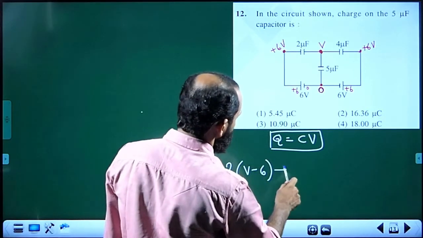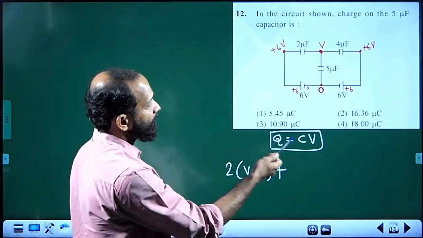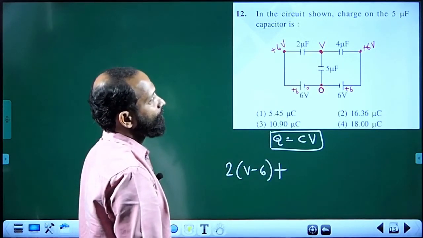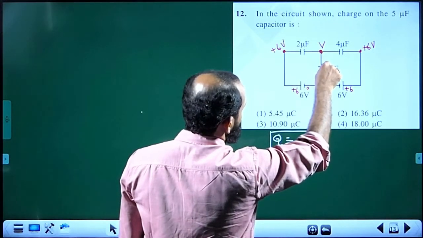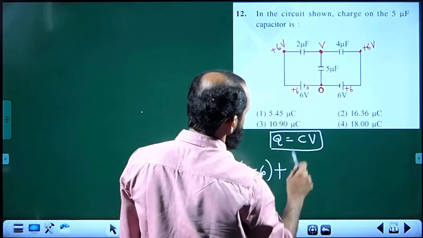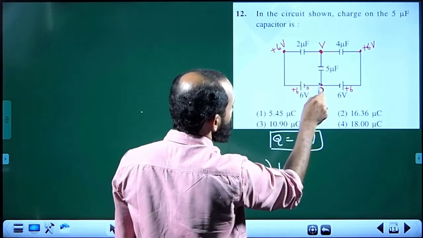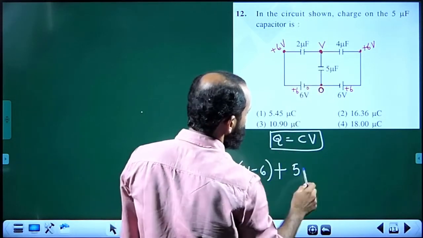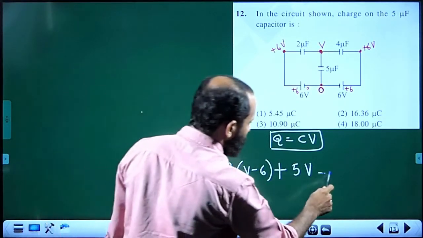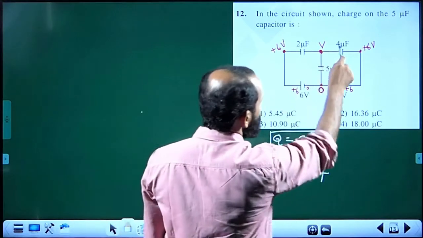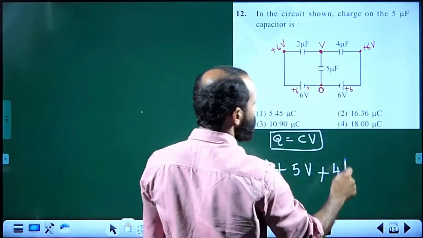Plus, the algebraic sum of the charges will be 0. Next charge here. What about this one? Capacitance 5. What is the potential difference? That is V minus 0, I am writing V. Plus, what about this capacitor? That is 4. What is the potential difference between the two?